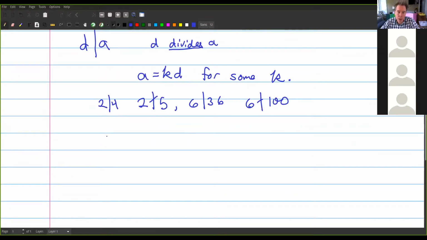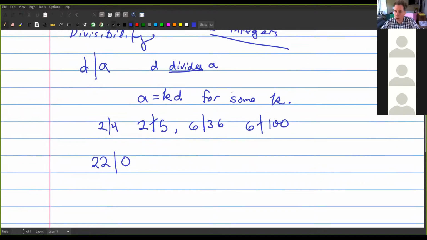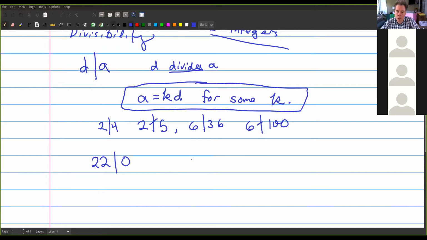So here's something that's kind of interesting. Is it true, you tell me, that 22 divides 0? You can use the definition. So is it true that 0 equals K times 22 for some K?